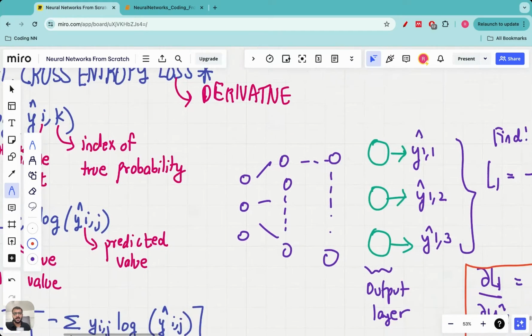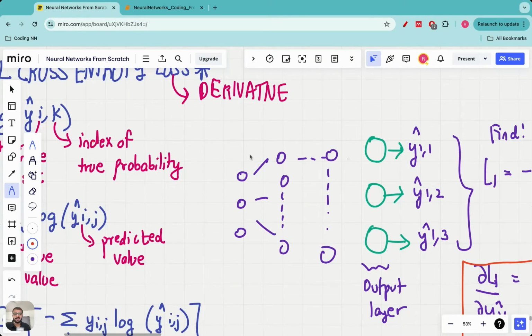So, if you look at a neural network architecture, it looks something like this, where there are inputs, then it goes through a set of layers, and then there are outputs. I am considering a classification problem here. So what will happen is that here are three output neurons.